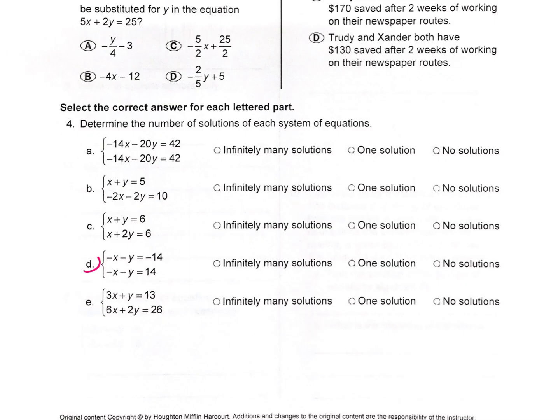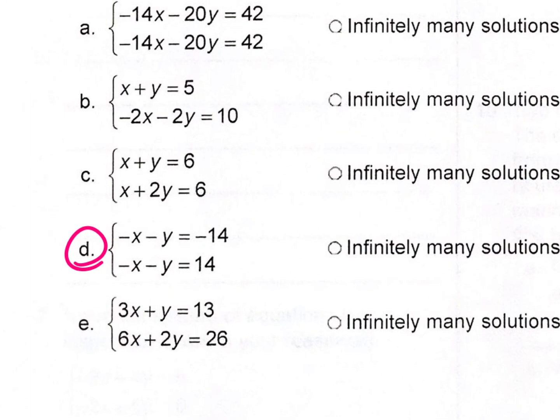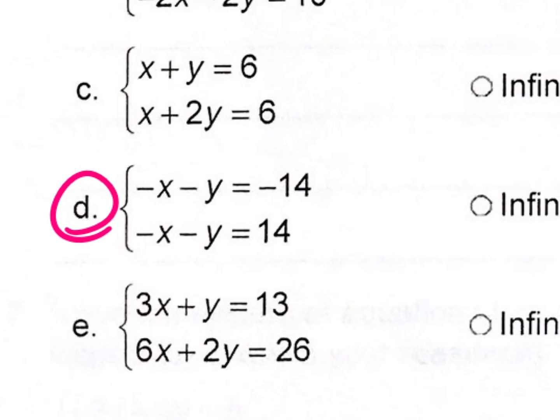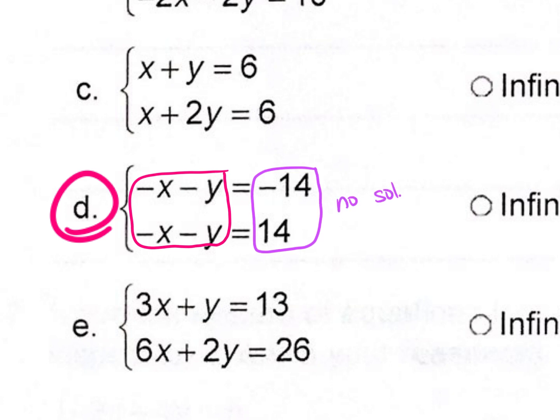Number 4, looking at part D, how many solutions does this have? Well, I can look at it and I can see that this part is all the same. If the right side were the same, then this would be infinitely many, but it's not. So this is going to be no solution.